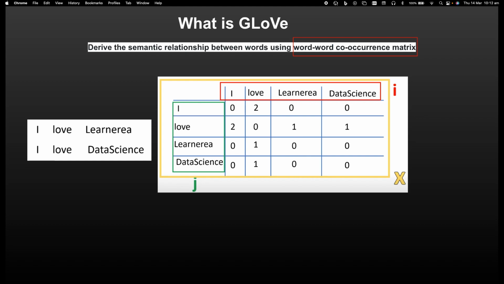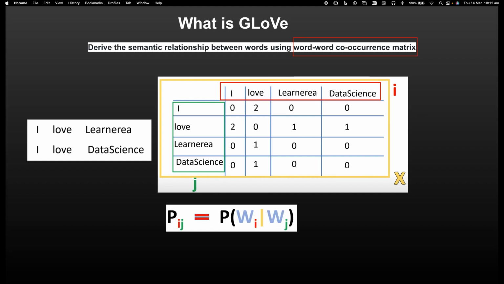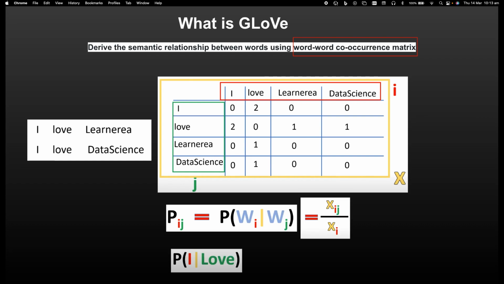It would be nice if we had it in probabilities. So we use something called P_ij, which is the probability of the word in the ith row occurring with the word in the jth column. It can also be represented as P of where i is present with respect to P of where j is present. These are just different representation forms. Let's take an example. The probability of I being next to love is 2 by 2.